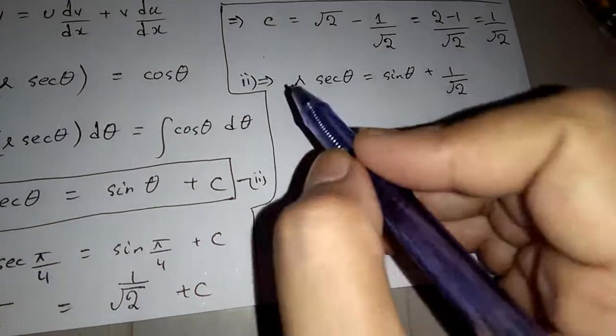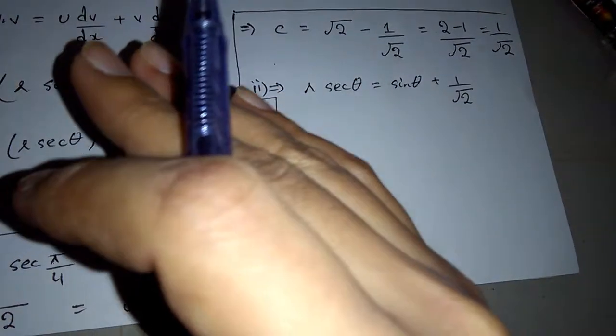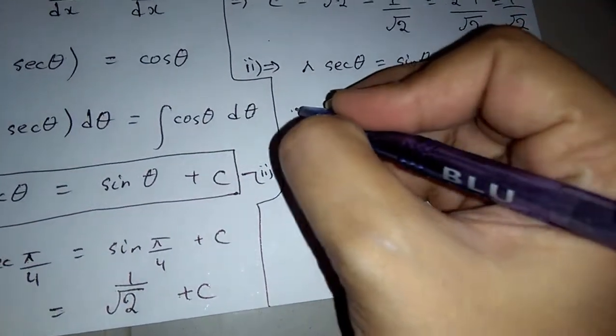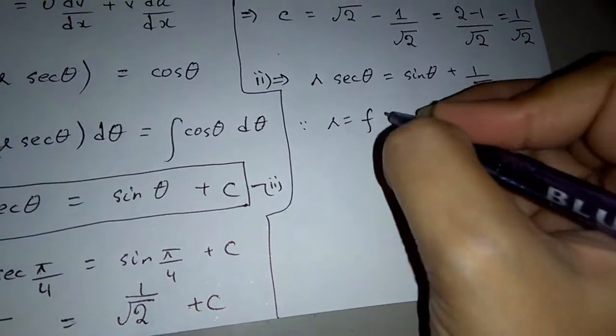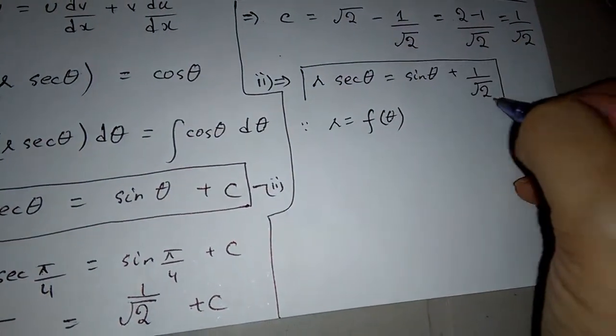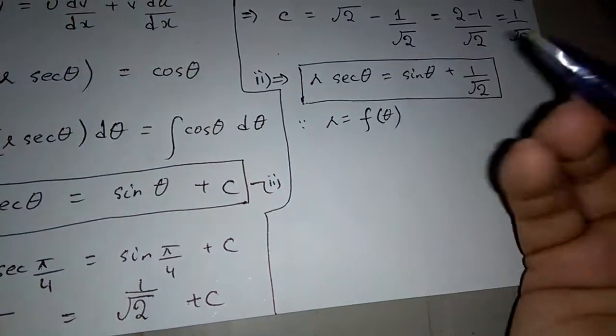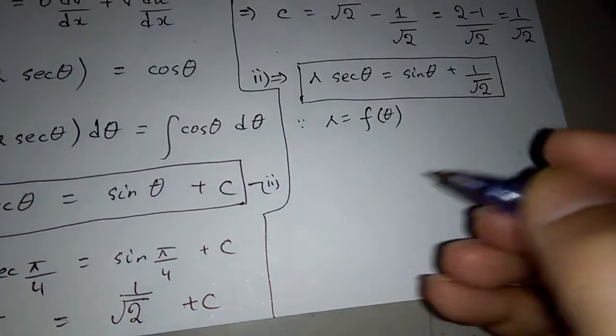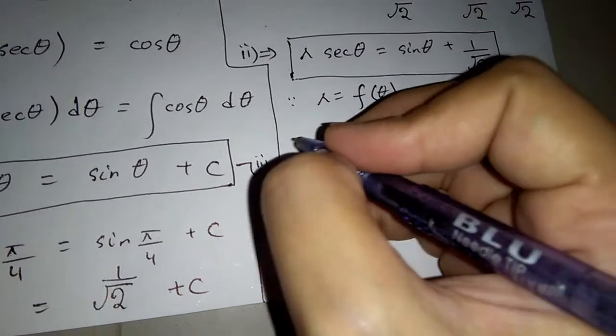So as r is said to be your dependent variable, so r is basically f of theta, right? So either you can stop your work exactly here, or if you further want to beautify your answer, you just form an equation keeping r as a subject, because f of theta is said to be the solution.